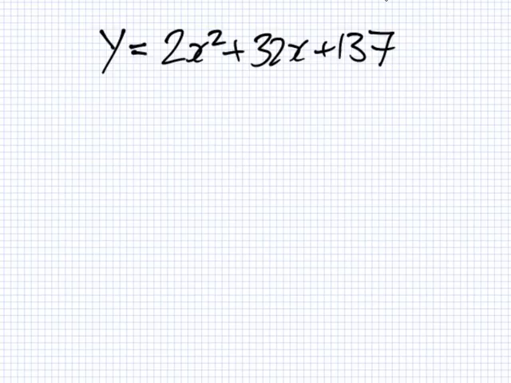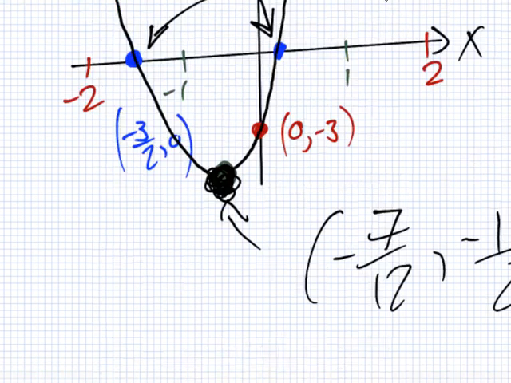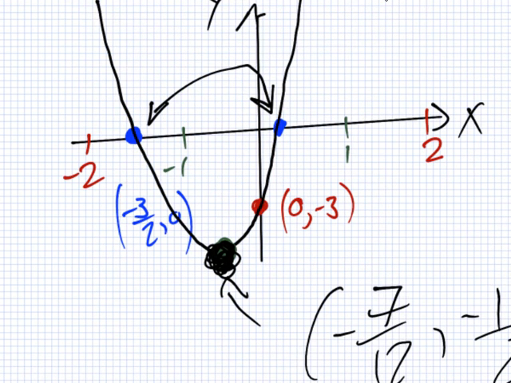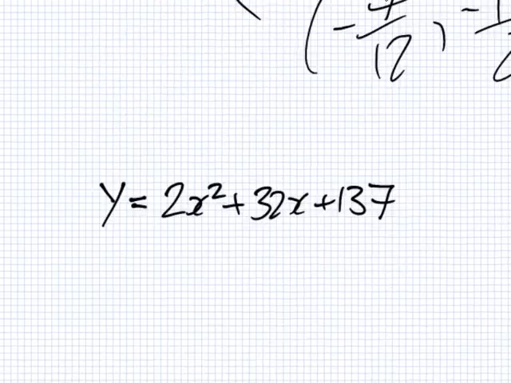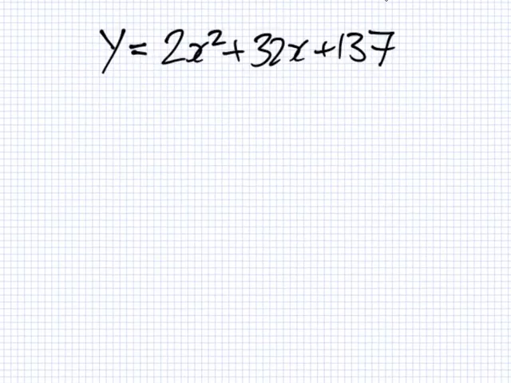Perfect. Okay. I would like everybody to draw this. And again, I want as many points as possible. So if you can get 4 points, that's perfect. See what you can get with this, please.